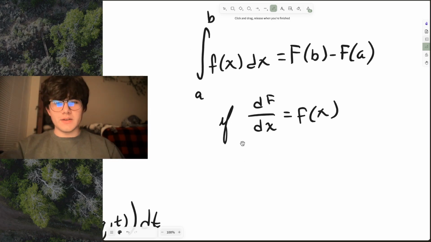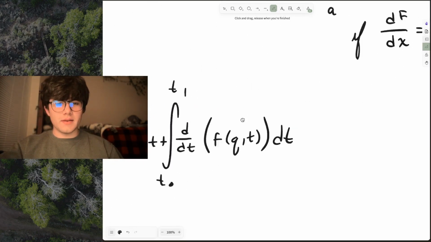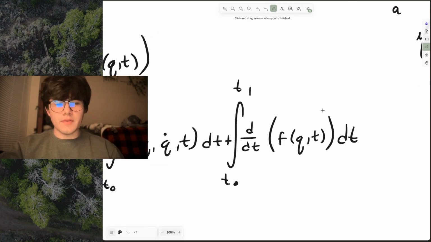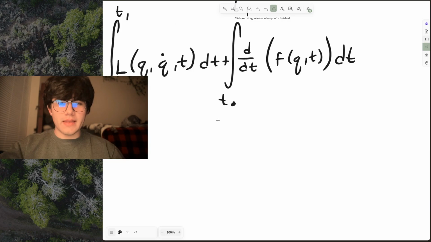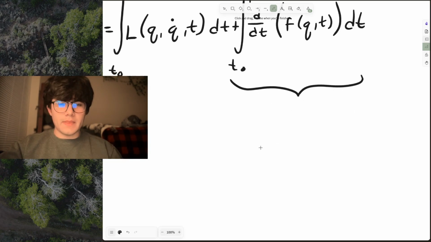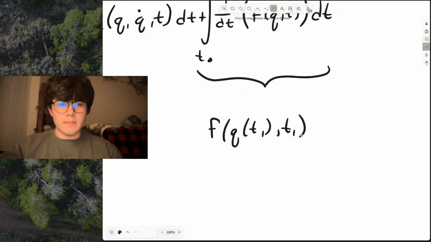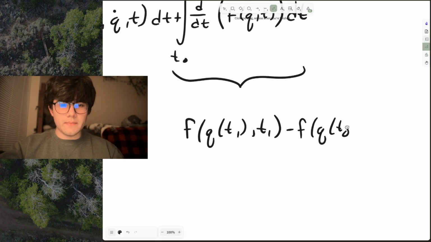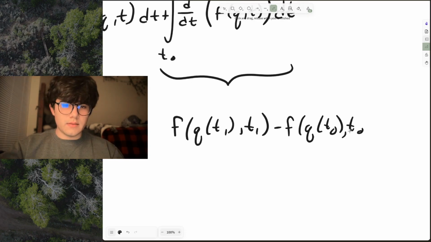Okay, so notice how we can apply this down here. Because this is already wrapped in a derivative, we can just pull it out of that. And what we end up getting is some term of g of q at t1 minus g of q at t0.